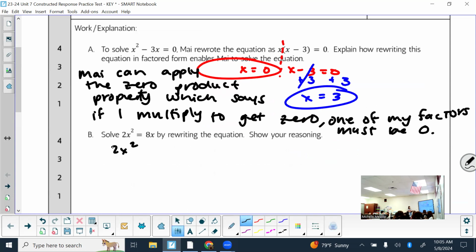So 2x squared equals 8x. If I want to solve by factor form, I need it to be equal to 0. Otherwise, there's lots of things that can multiply to give me 8x or whatever. I want it to be 0. So how can I make that 8x become 0?